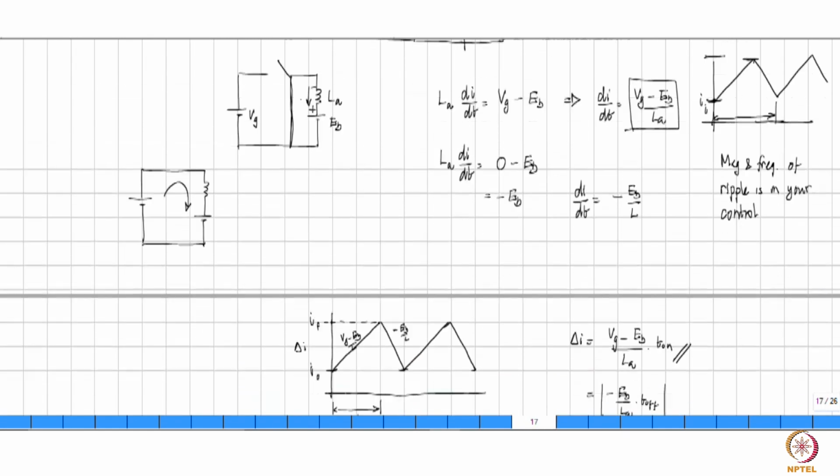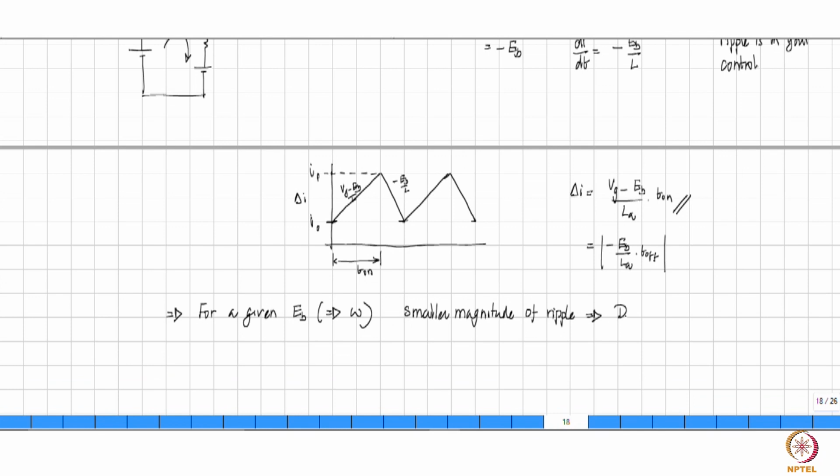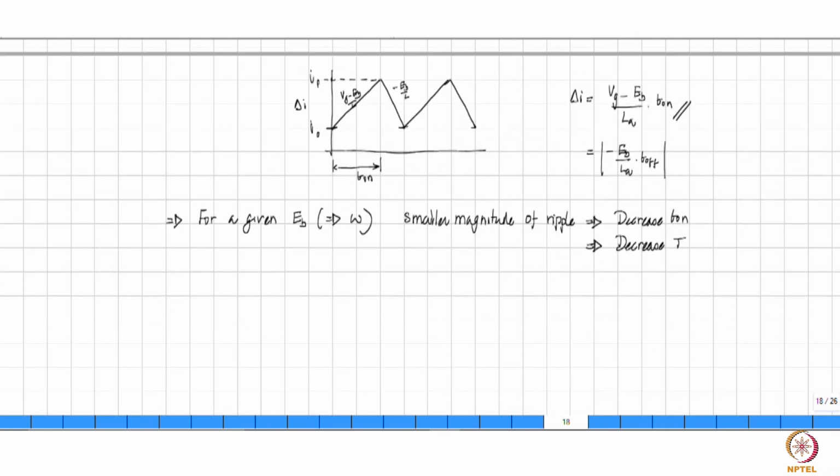And therefore, if you want to decrease T on, which therefore means decrease capital T, which implies therefore switching frequency to be made higher. Okay.